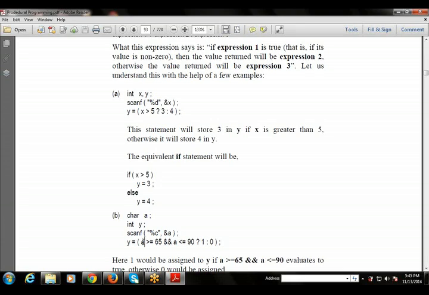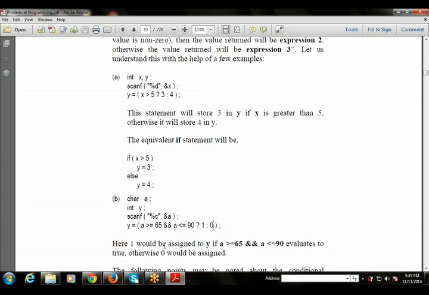What is the condition? Two conditions are used, and both are combined with the help of the AND operator. That is, if both conditions are true, then the output is 1, otherwise the output is 0. Here 1 would be assigned to y if a is greater than or equal to 65 and a is less than or equal to 90.